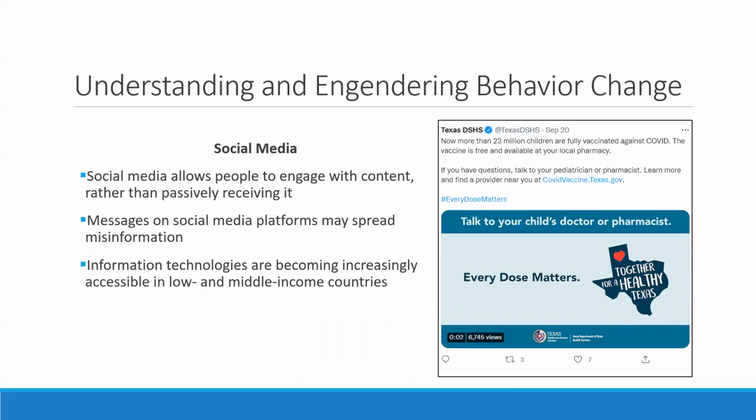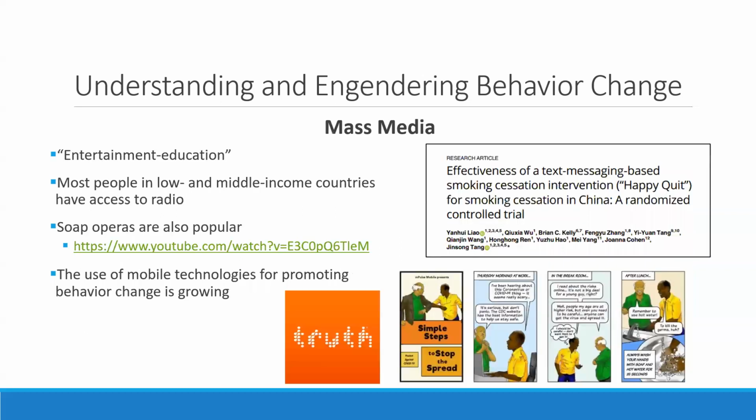So social media, of course, is fairly new in terms of being adopted by health programs. But as you can see here, even the Texas Department of State Health Services is using it as a platform to promote knowledge around the COVID vaccine. But maybe even more so, social media has the ability to allow people to engage in the content more than what would previously have been done in mass media.